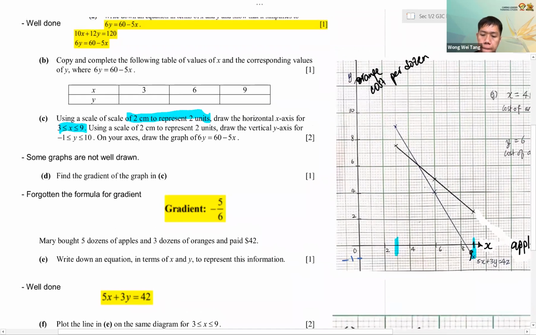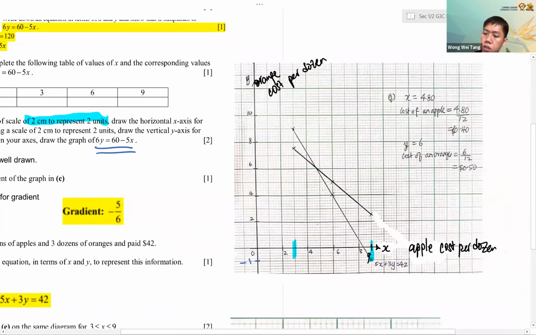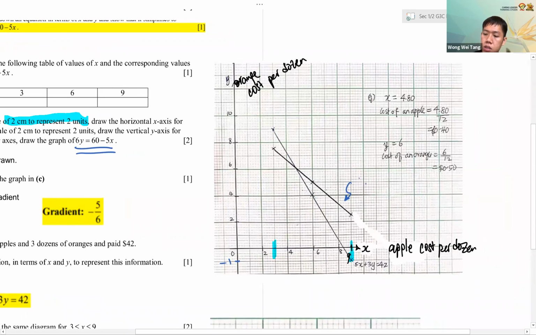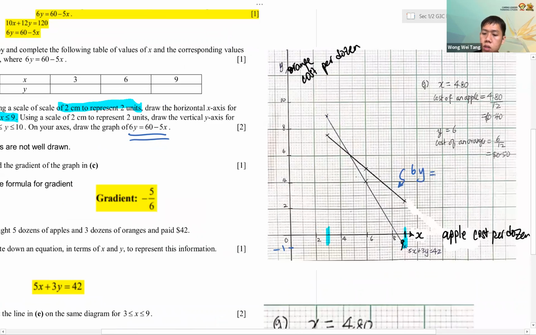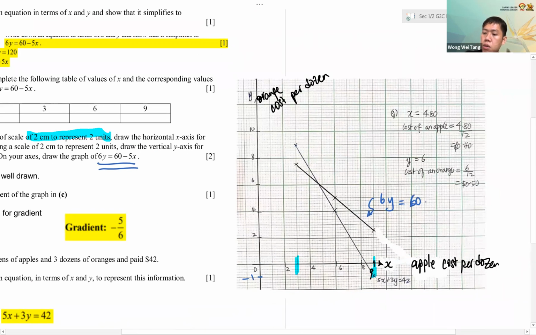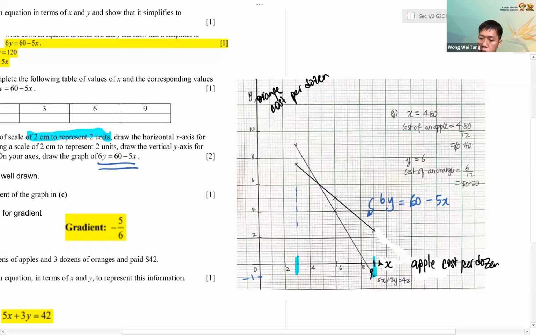This is the equation of the graph that you are supposed to draw. 6y equals to 60 minus 5x. So meaning this graph, 6y equals to 60 minus 5x. Two ways of doing it. You can use the formula rise over run by choosing 2 points.